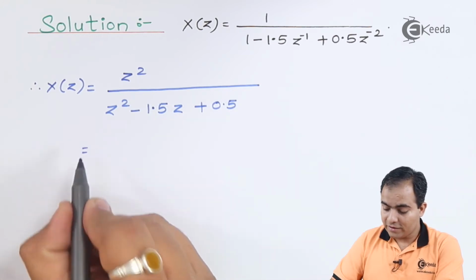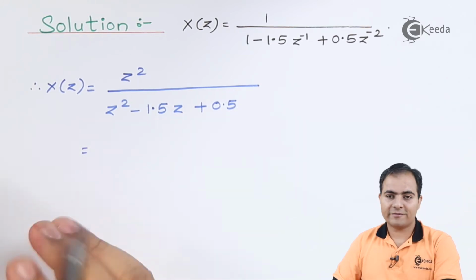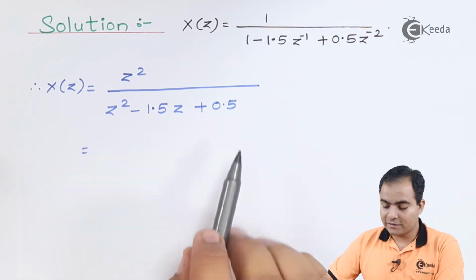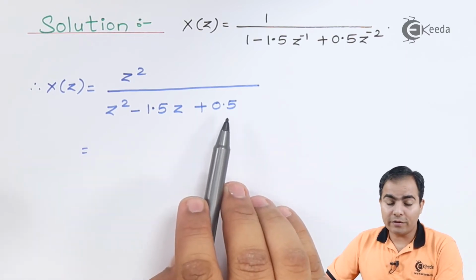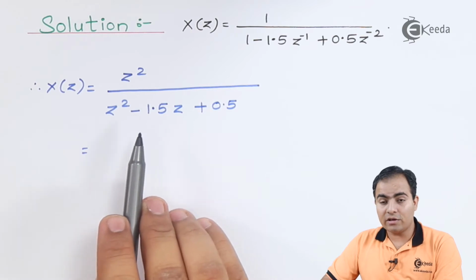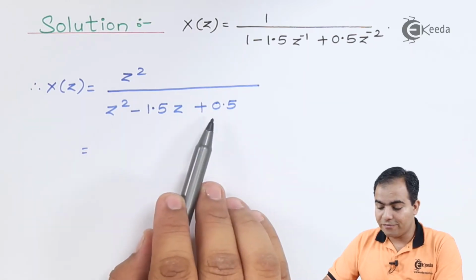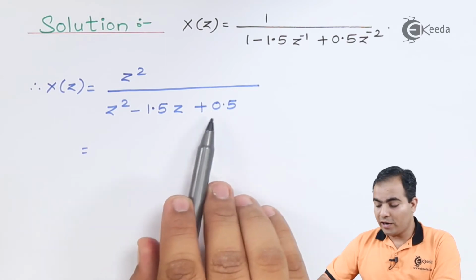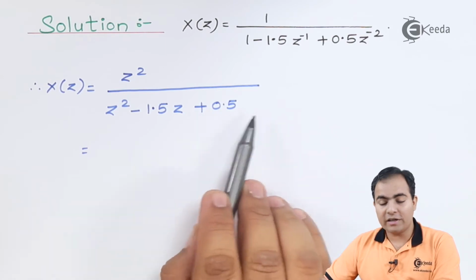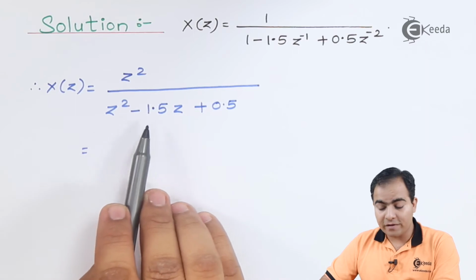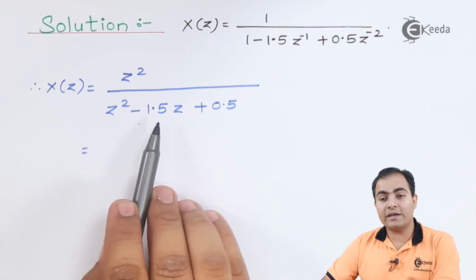Now the next step is we'll find the factors. How to find the factors? The last term is always the product of two numbers, and the middle term is always the sum of those two numbers. Here, 0.5 multiplied by 1 gives 0.5, and similarly 0.5 added with 1 gives 1.5.